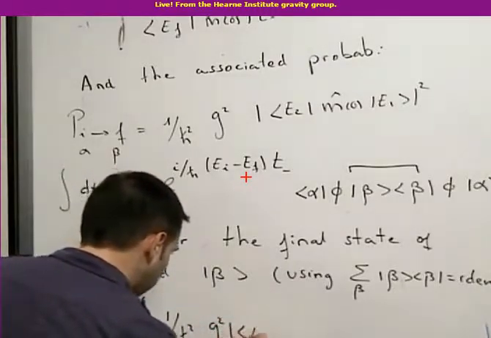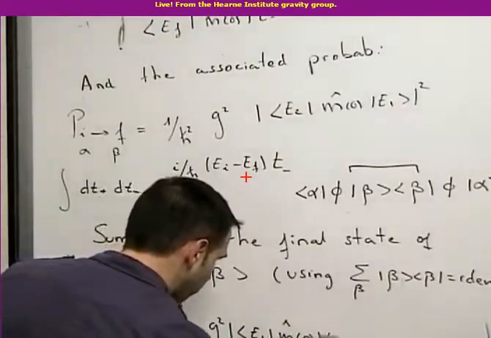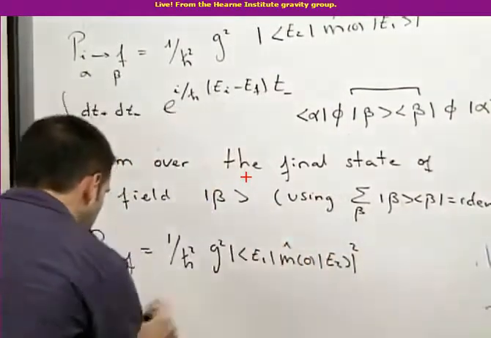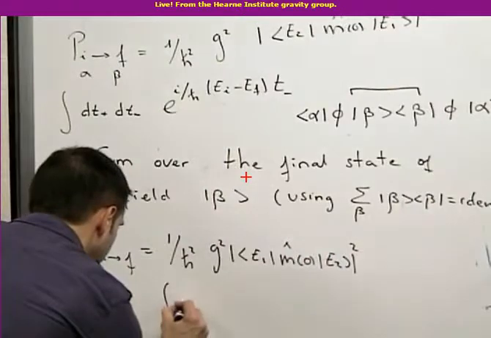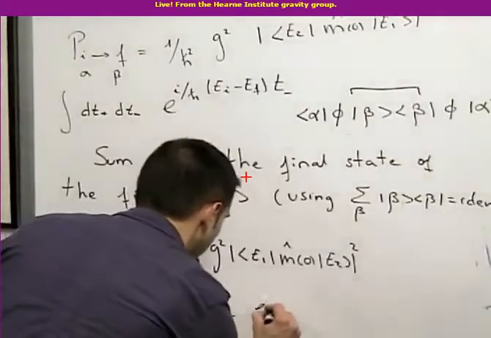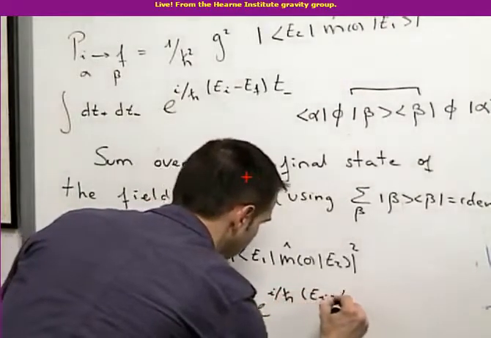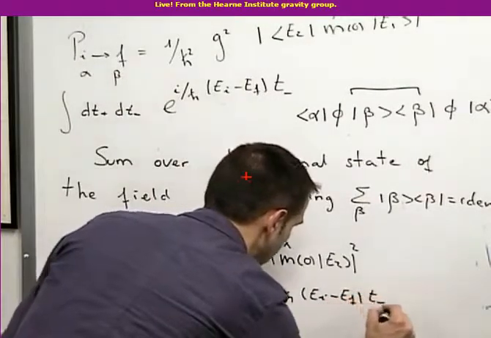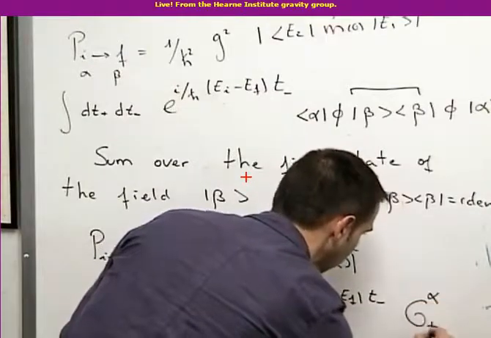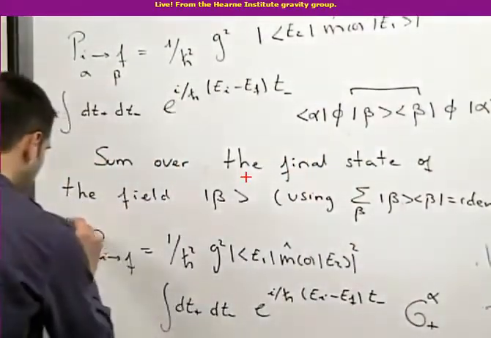I should give some name to this matrix element because I'm tired of writing. T plus dt minus e to the i over h bar, E initial minus E final, t minus, times what I'm calling the 2-point function in the state alpha. This is a quite interesting expression.